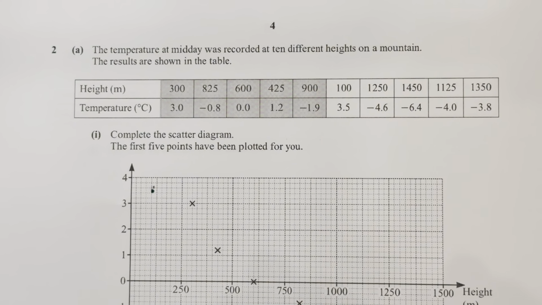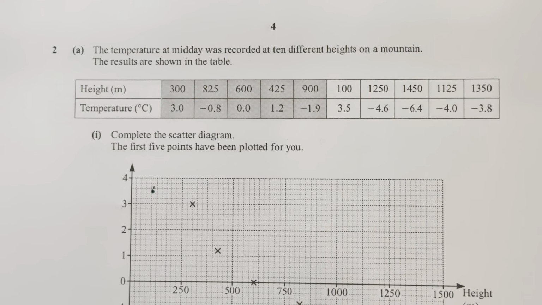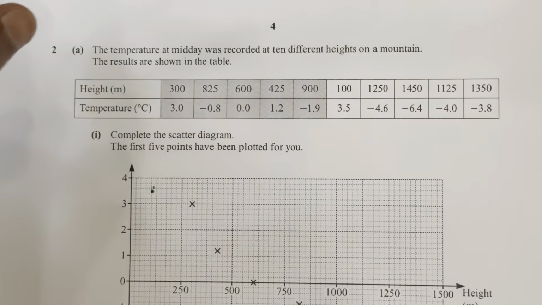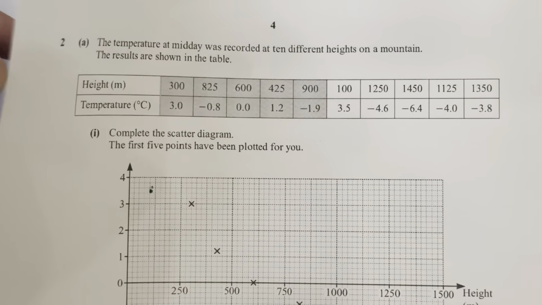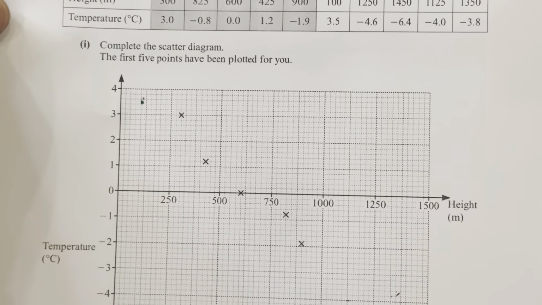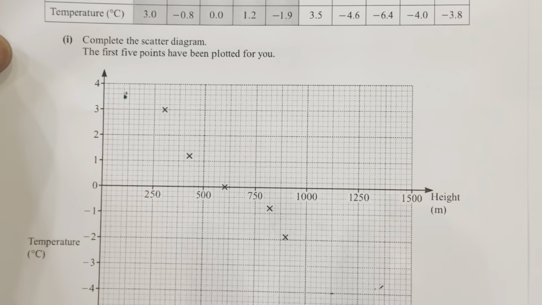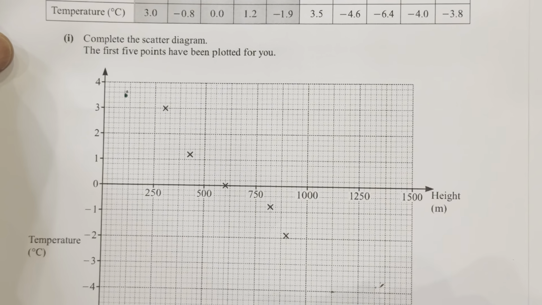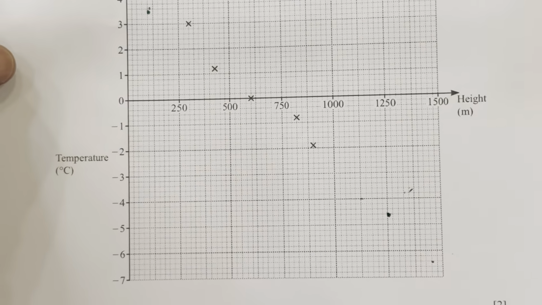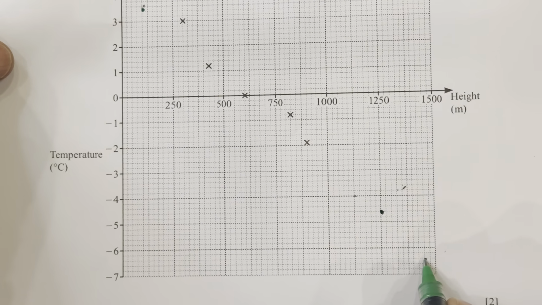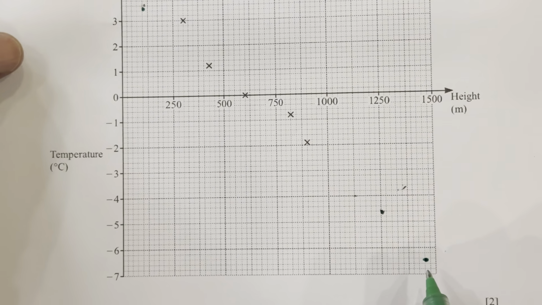And 1250 has a value of minus 4.6, this would be here. Oh, you can't see. Okay, now you can see. And for the value of 1450, the value is minus 6.4, it would be over here.